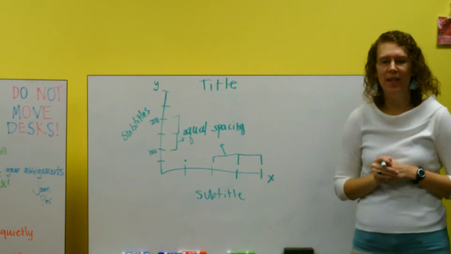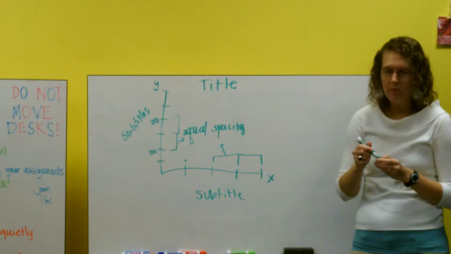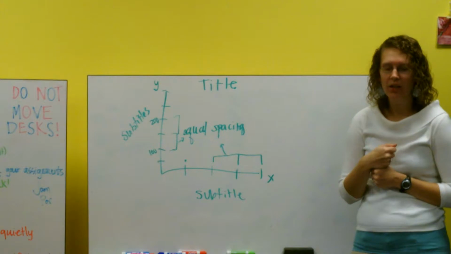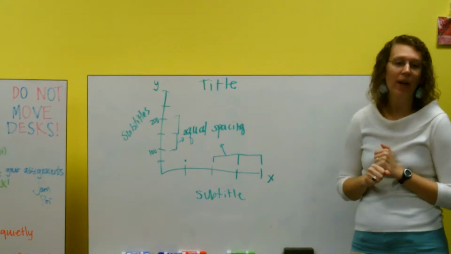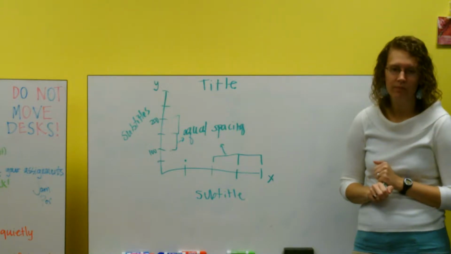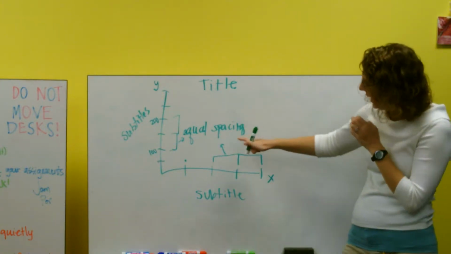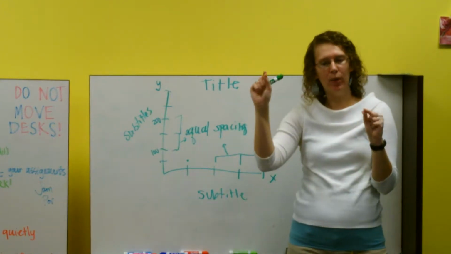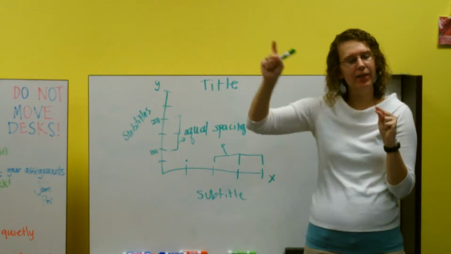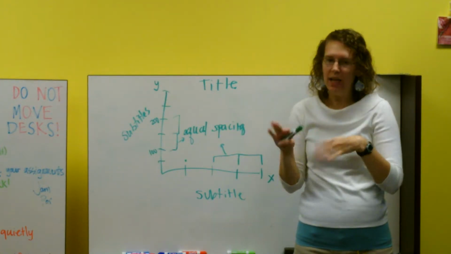Why is equal spacing important? Because you don't want anything to get out of whack. Why not? You want to even it out so it can be accurate. Accurate, there you go. When I have equal spacing and I plot my points, will I be able to see the curves and lines or the trends like we talked about in science class?